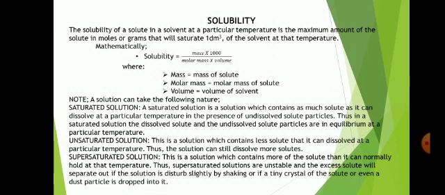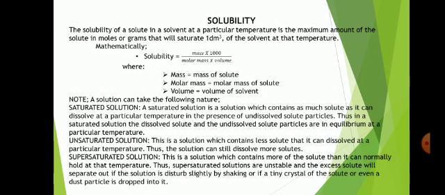That is to say, the solubility of a solute in a solvent is dependent on temperature, and it has to do with the maximum amount of a solute that will saturate a particular solvent at a particular temperature. Thus, the solubility of a solute in a solvent increases with increase in temperature.